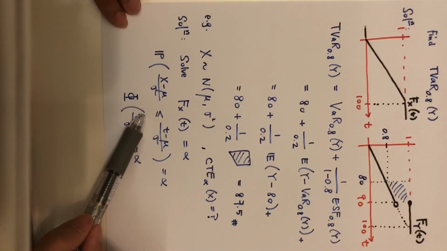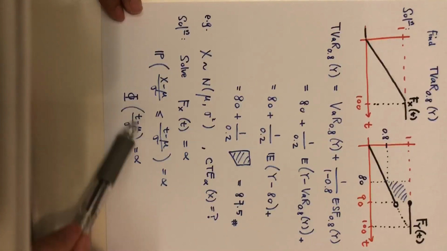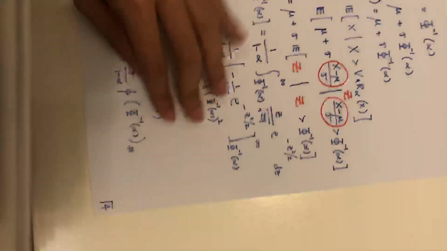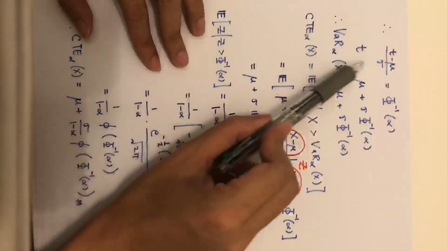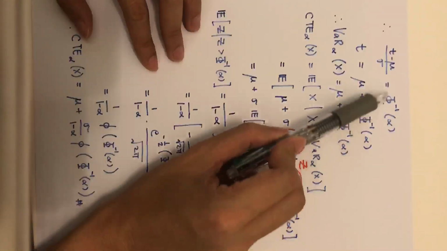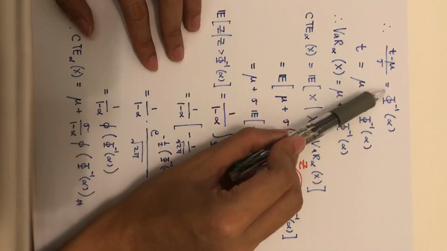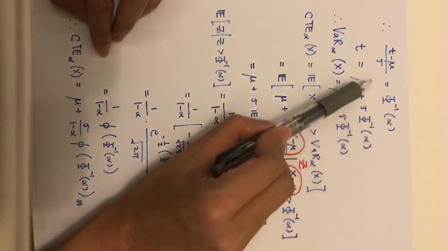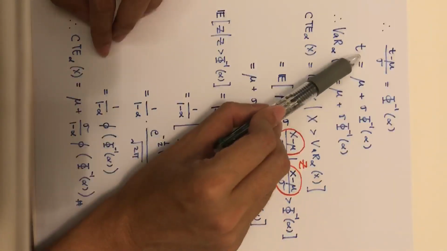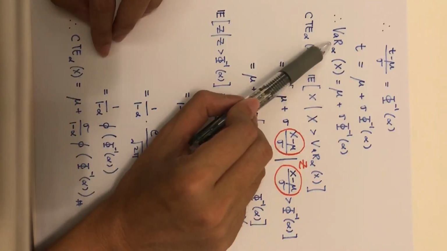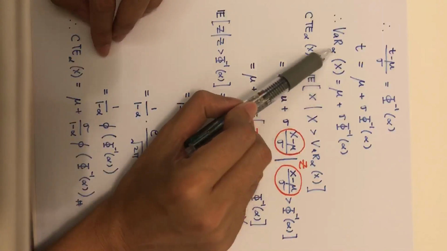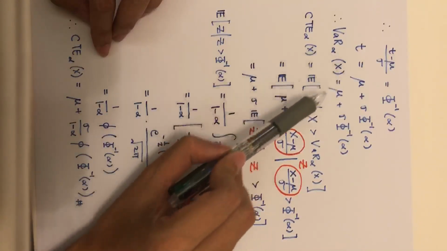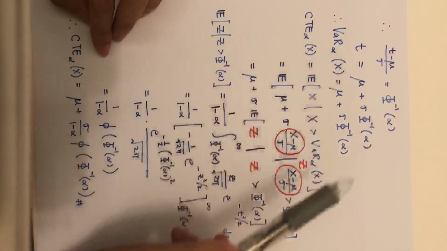Remember, we want to solve for t, so we consider the inverse of both sides. Then (t minus mu) over sigma becomes Phi inverse of alpha. We rearrange this equation and obtain t, which is just the value at risk of x at level alpha. So now we have the value at risk.